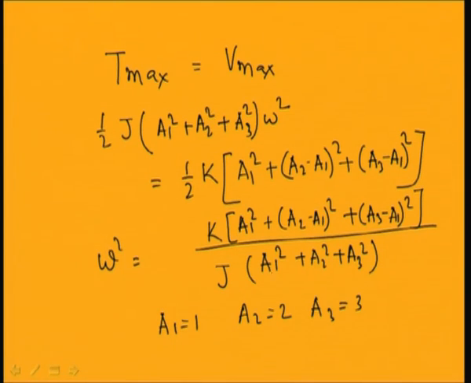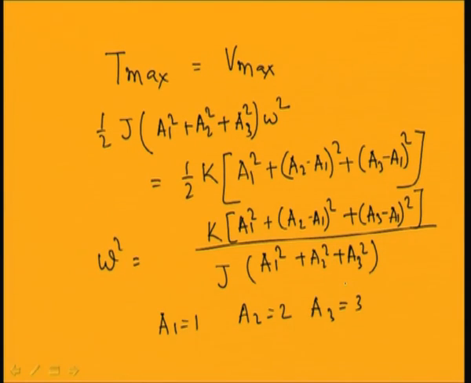So the upper side becomes 6k, and here you have 1 plus 4 plus 9, so 13, plus 1, so you have 14. So you will have 6 by 14, which becomes 0.428.